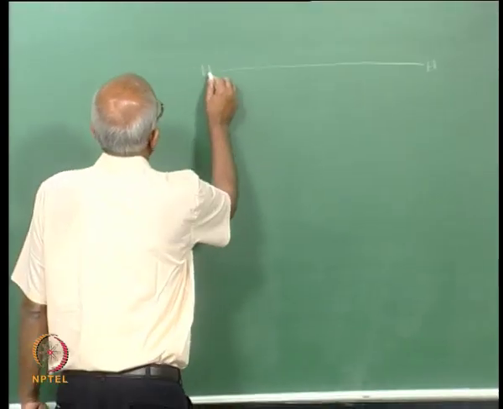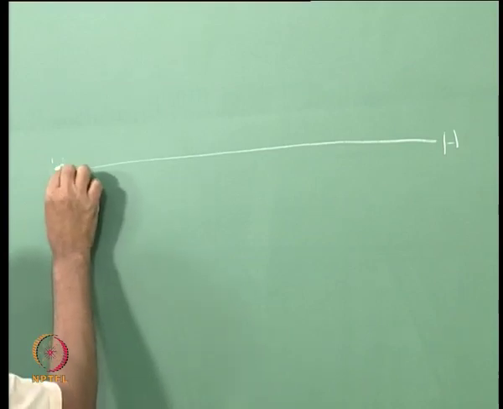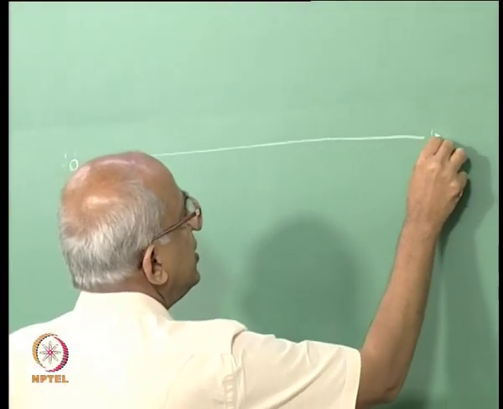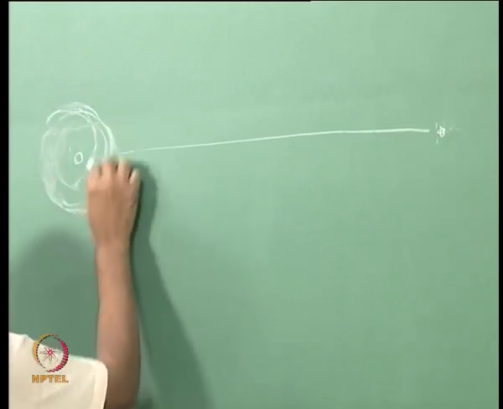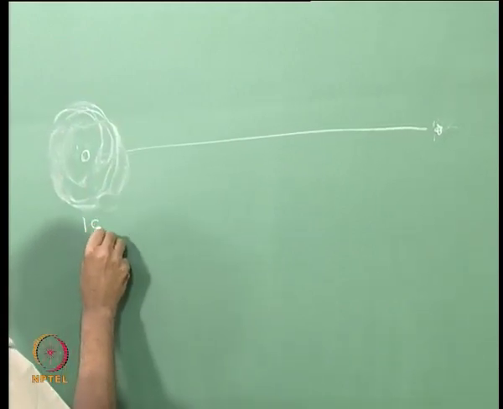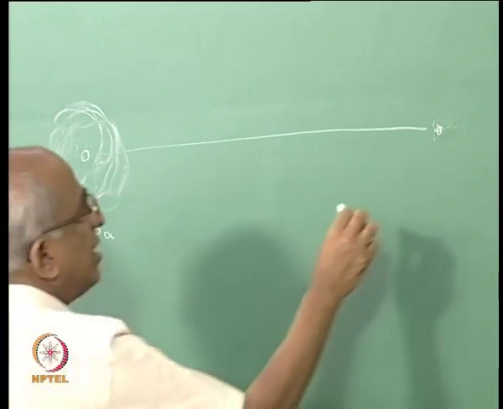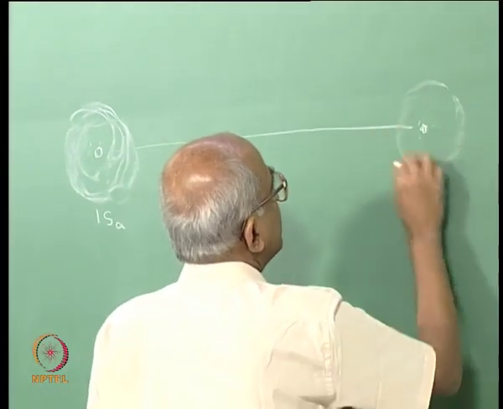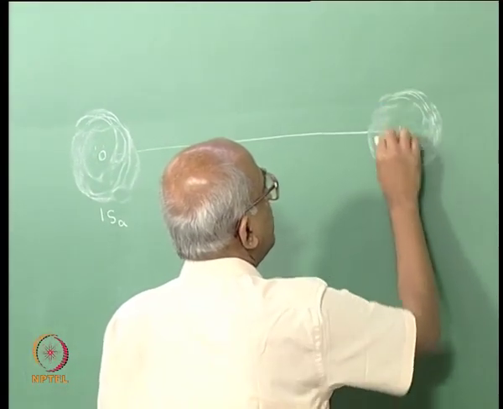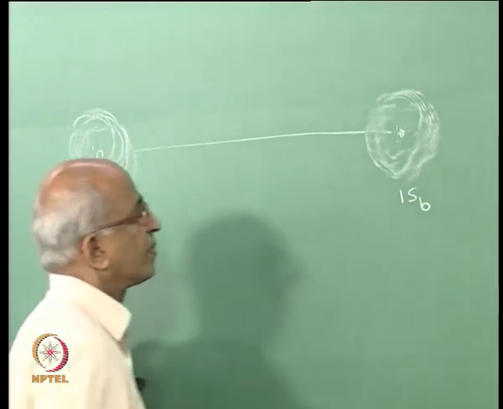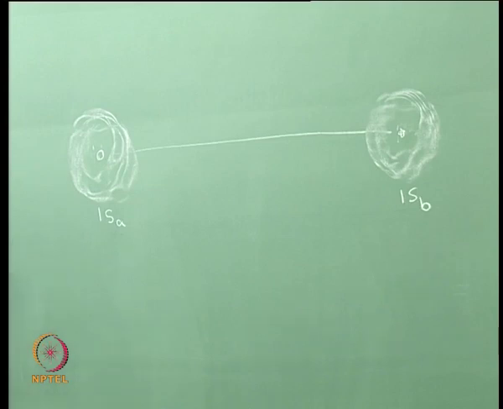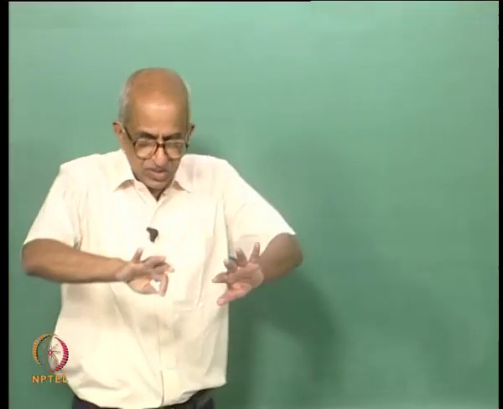If this is nucleus A and that is nucleus B, you will have one electron sitting in the atomic orbital 1s A, and the other electron sitting in the other atomic orbital, which we label 1s B. And the two systems are far apart.